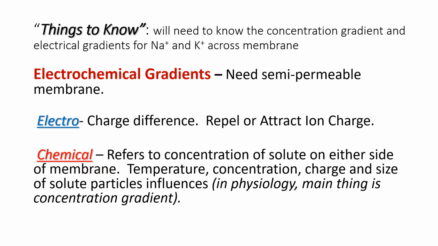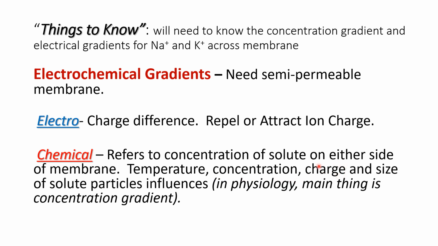All right. And in the second sentence here, we say temperature, concentration, charge, and size influence its ability to get across that membrane. If you heat up the membrane, it'll become slightly different in terms of its permeability, or you cool it down. How much is present on one side or the other? The concentration difference.